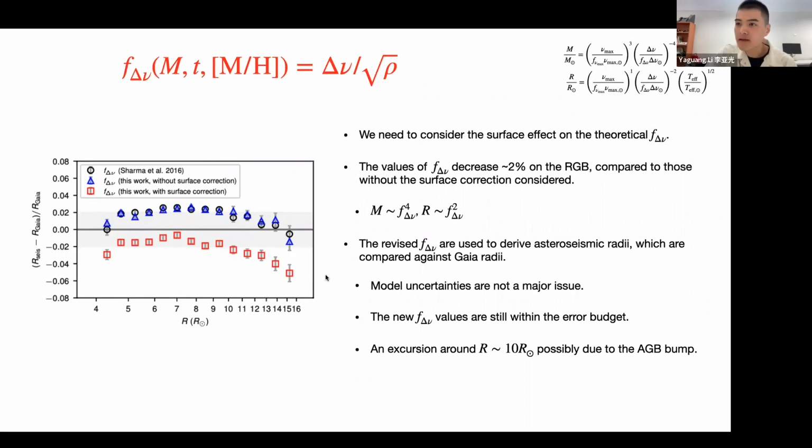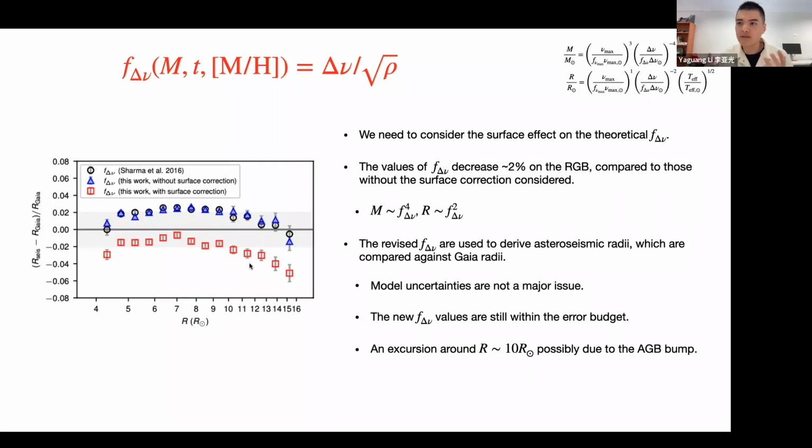One interesting bit is that around radius 15 solar radii, there is an excursion of points. We believe this excursion is possibly due to the AGB bump for some metallicities happening here. So there is an overdensity of AGB stars, and a contamination of AGB stars makes the F delta nu correction basically erroneous.